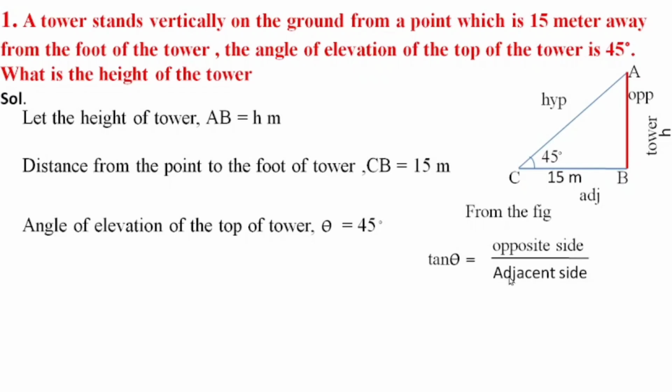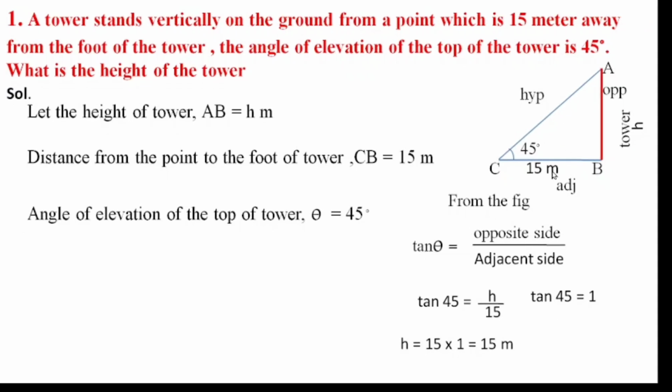Tan theta, which is the ratio of the opposite side to the adjacent side. The theta here is 45 degrees, the opposite side is h, and the adjacent side is 15. If I substitute, tan 45 equals h divided by 15, and we know the value of tan 45 is 1. So h equals 1 into 15. So the height of the tower is 15 meters.